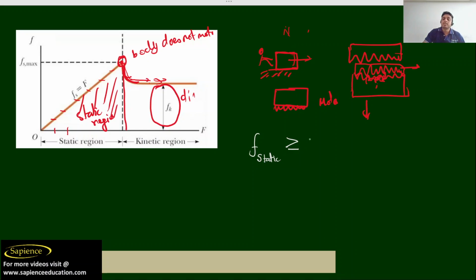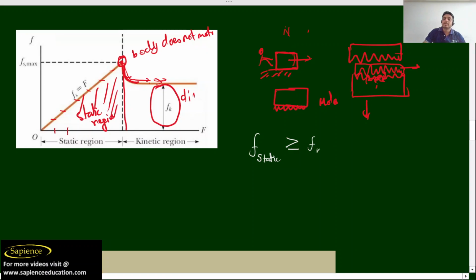So static frictional force is always greater than or equal to the dynamic or kinetic friction force. See here, when a body is in motion, or the limiting force, we can say the limiting force is greater than the friction force.